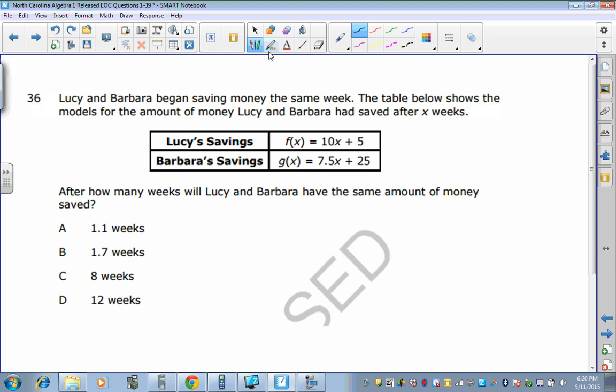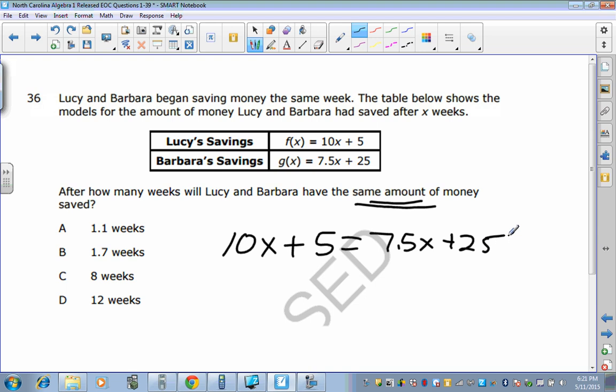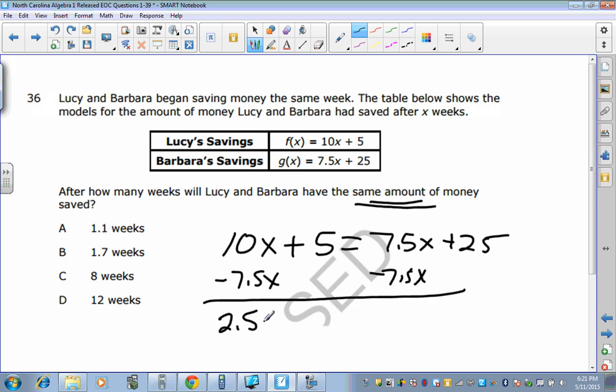This is more like the kind of thing that we need to make sure that we know how to do. Okay, we want to know when these folks will have the same amount of money. So all we have to do is set them equal because we want to know when they are the same. Okay, so we can subtract 7.5x. And that gives you 2.5x plus 5 equal to 25.